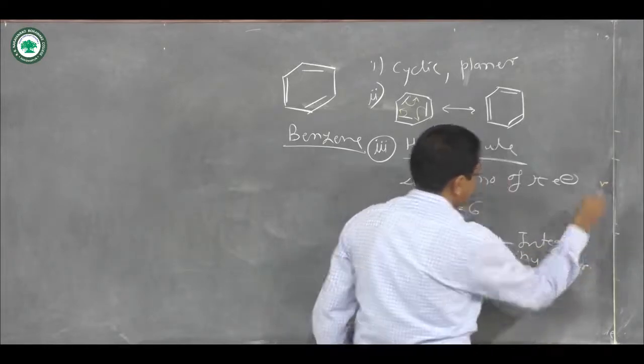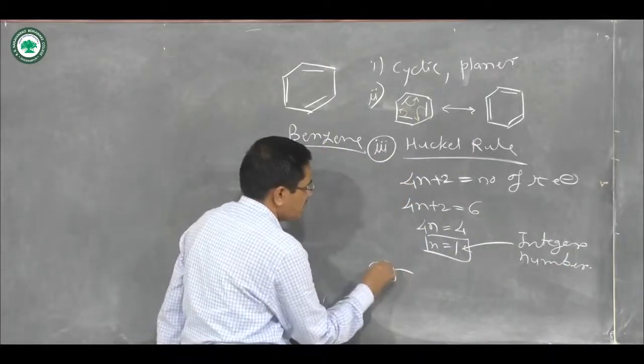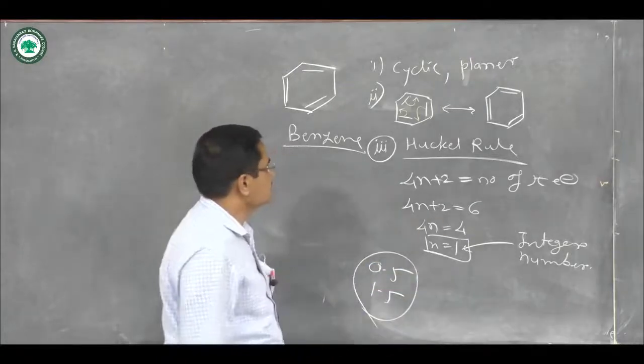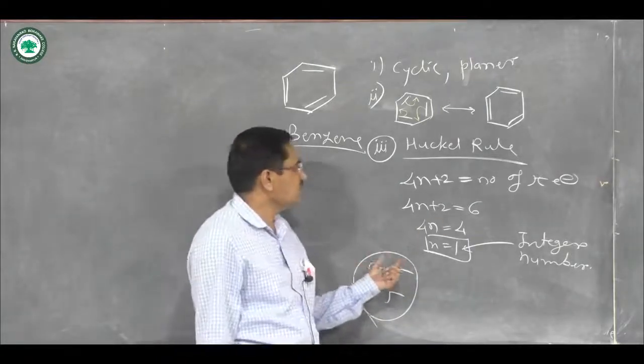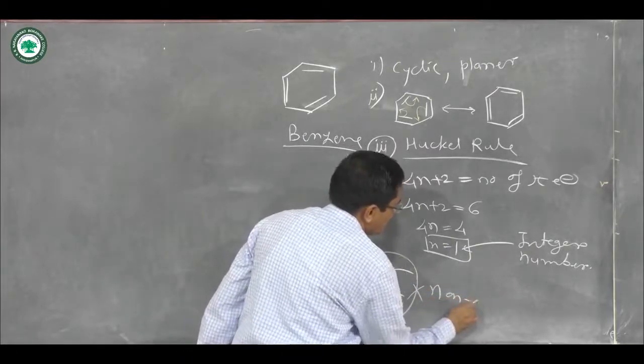If this n value is 0.5 or 1.5, then this compound doesn't follow the Huckel rule, and hence it is non-aromatic.